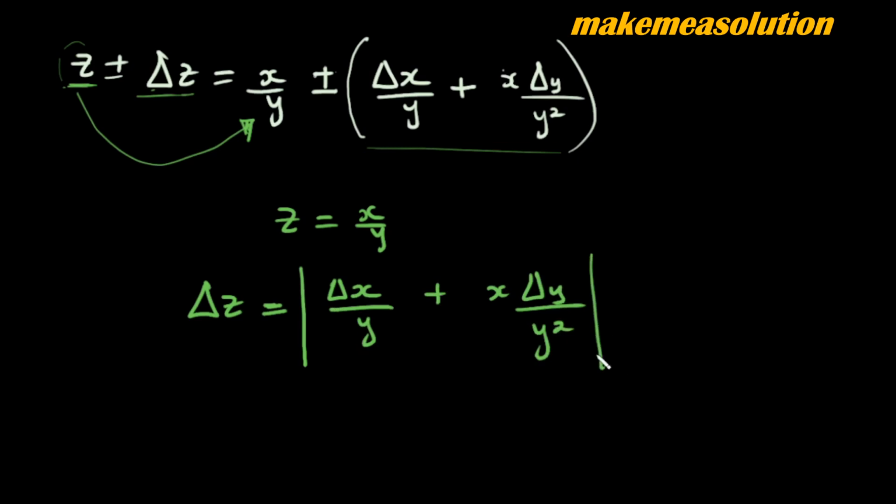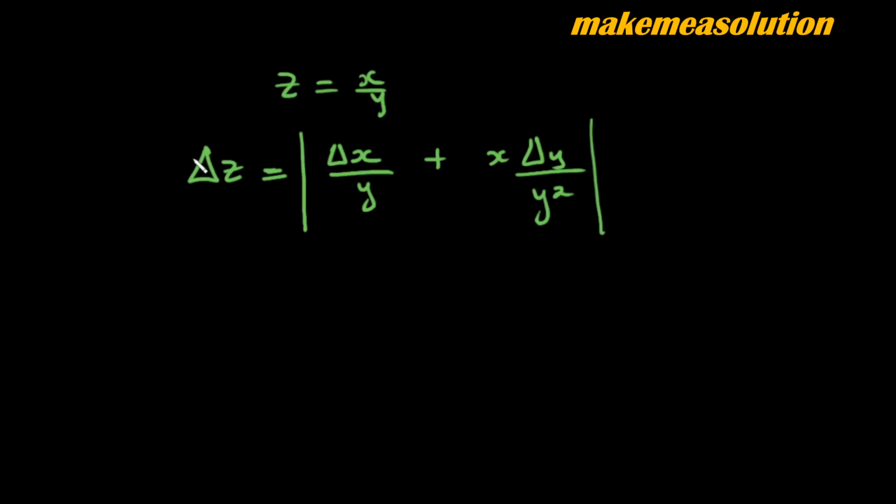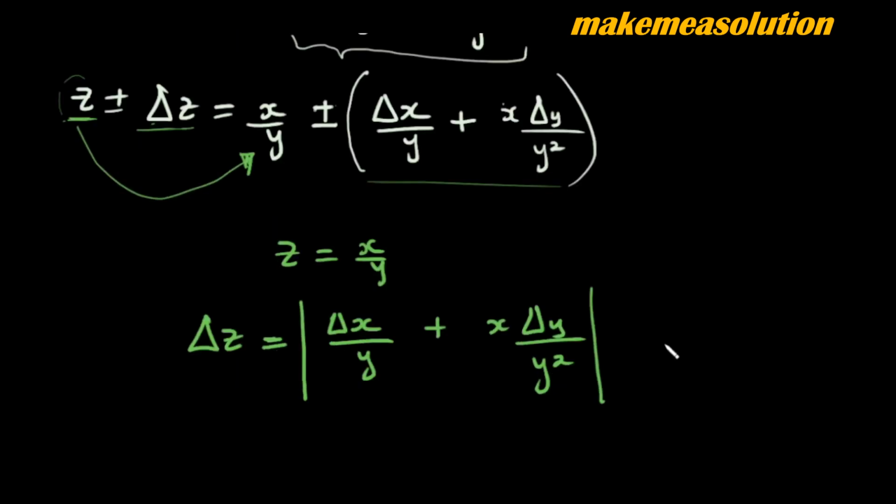So this is what I am going to do. Now this magnitude of z over here is called our absolute error.